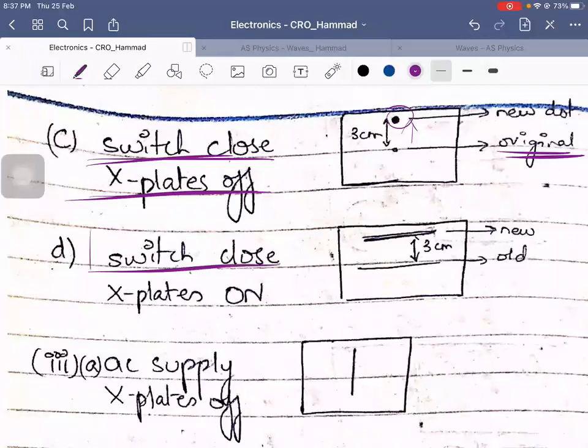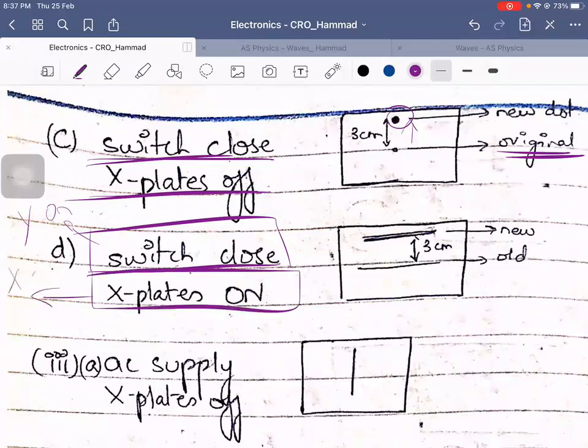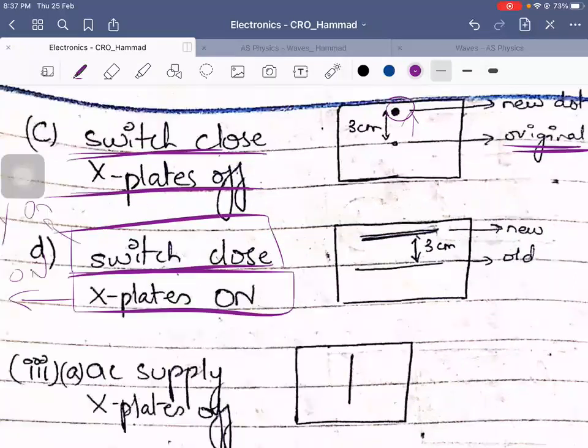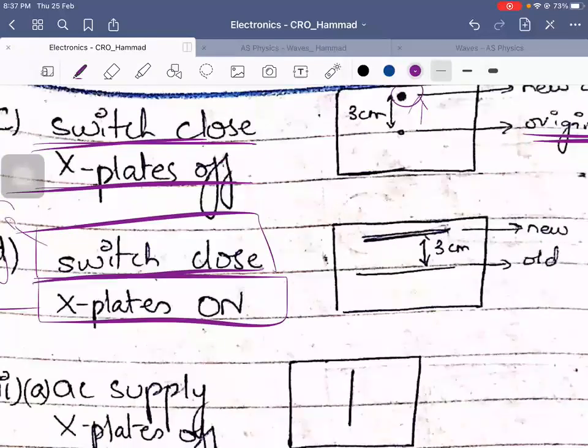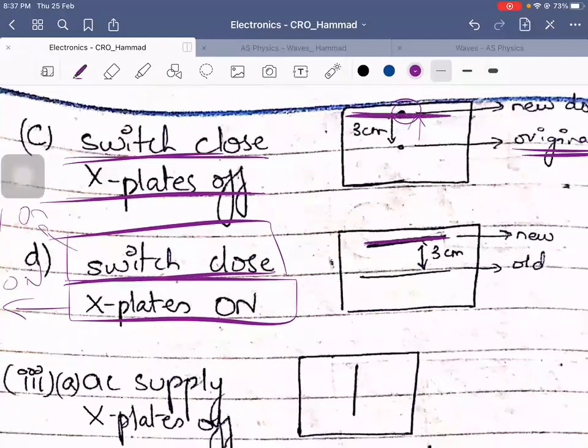Now that your switch is closed, your Y plates are on, and your X plates are also on. Simply, you see a translation on the X-axis for that same dot.